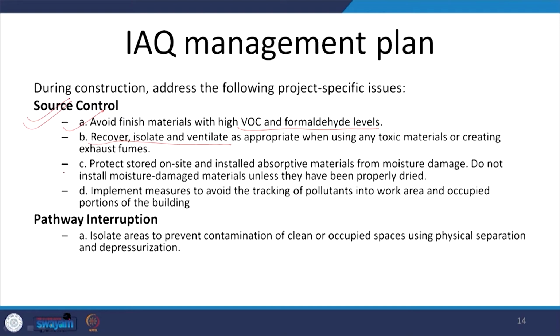The next is protection should be provided for all the on-site storage and installed absorptive materials from any moisture damage. So, we should not be installing moisture damage-prone materials before the property has been properly dried and cleaned.